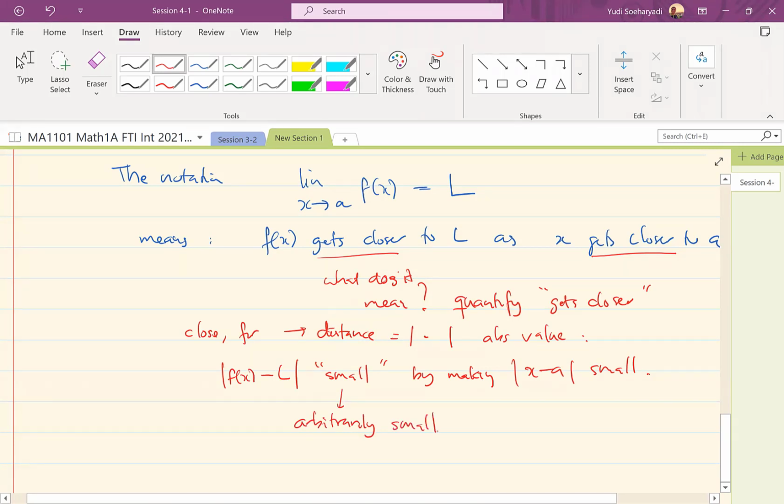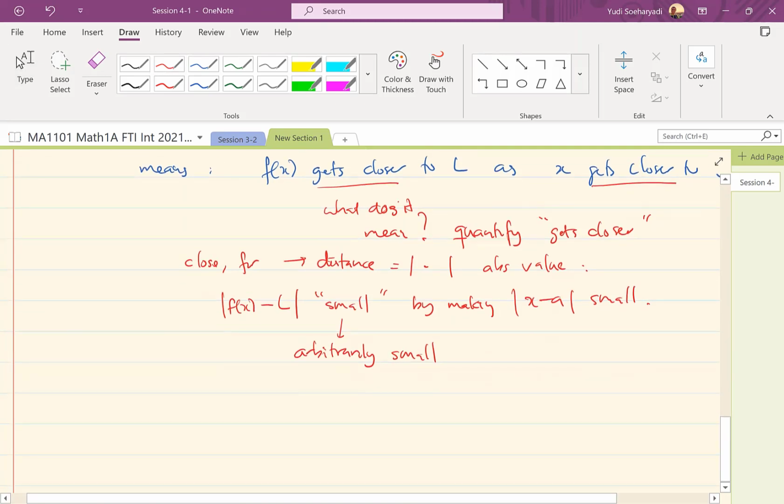Arbitrarily small, meaning that it is less than 1, and find the x minus a approximately. Or 1/2, we compute this one. So any number, actually, you can compute this one.